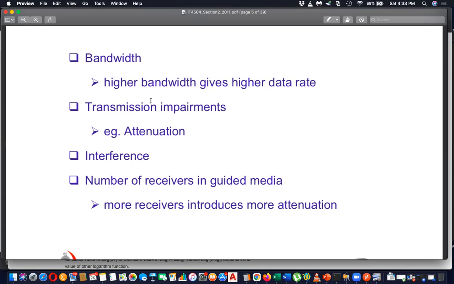The higher the frequency, the higher the attenuation rate you can see. So what is the relationship between frequency and attenuation?